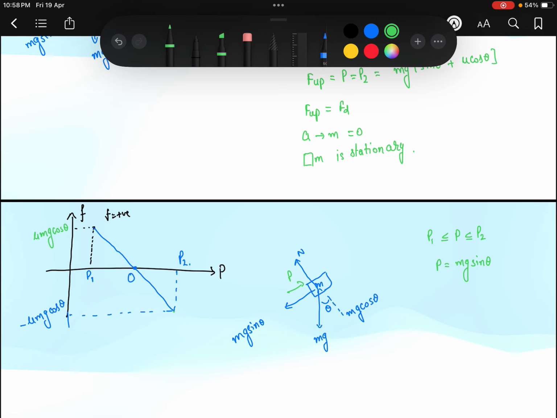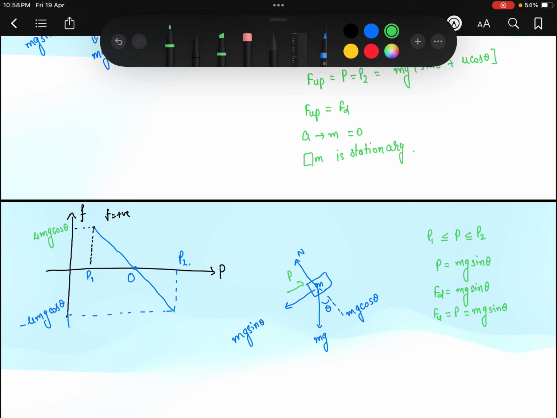When P is equal to mg sin theta, then what will be the frictional force acting on this block here? Since this P is equal to mg sin theta, F downward on the block is equal to mg sin theta, and F upward that is equal to P, that is also equal to mg sin theta. Since the net force on this block is 0, there is no need of friction to keep these bodies together.